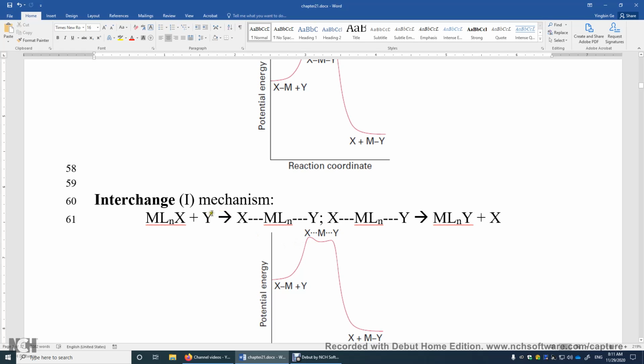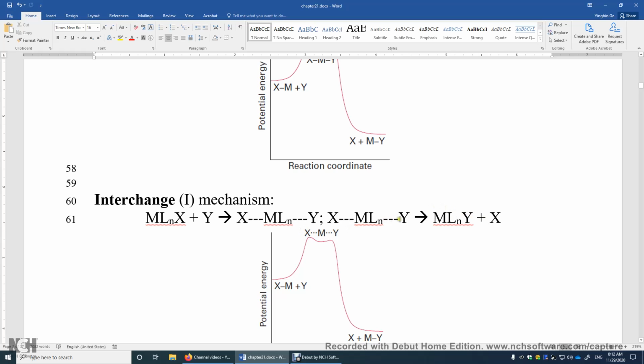Y starts to enter, but the bond between Y and M is also not a complete bond. It's a partial bond. So in this intermediate, M forms two partial bonds, one with the leaving group X, the other with the entering group Y. So that's why this is called interchange mechanism.